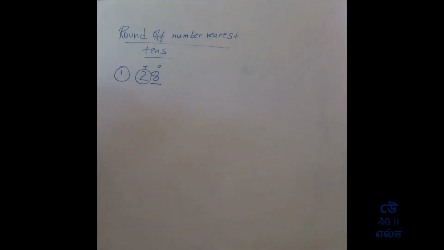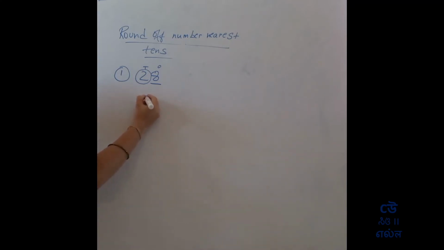Circle the tens place value and consider the right side value of the tens place, that is ones. Understood children?